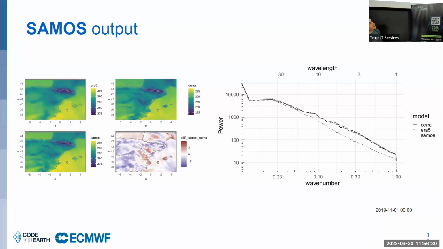And the line below is this rather smooth field of bilinear interpolated ERA5. And the two lines above, the dashed line is the SAMOS prediction, and the solid line is the target, are pretty close. So we're far better with SAMOS to show small-scale structures than we are with the bilinear interpolation as another kind of baseline.